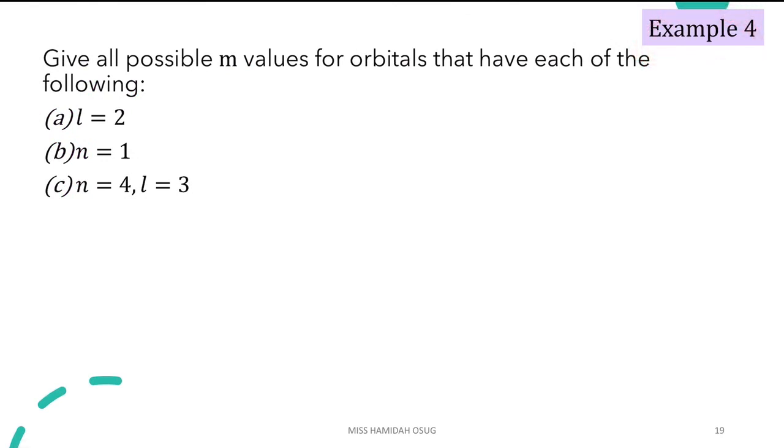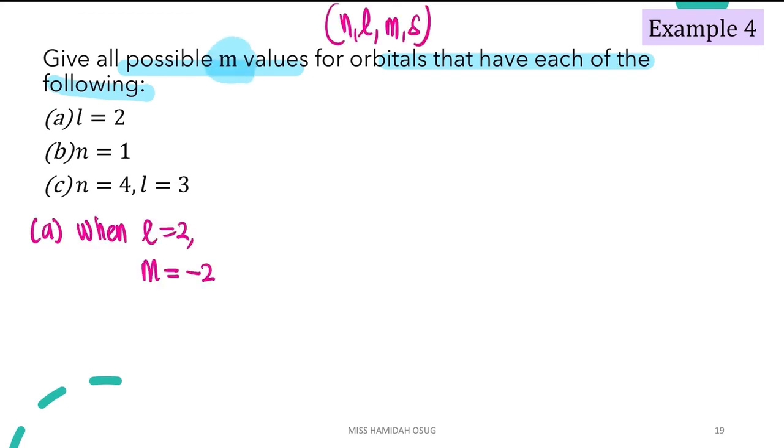So the next example, example 4, you were asked to give all possible M values for orbitals that have each of the following. So when L is equal to 2, M can be negative 2, negative 1, 0, plus 1, plus 2.